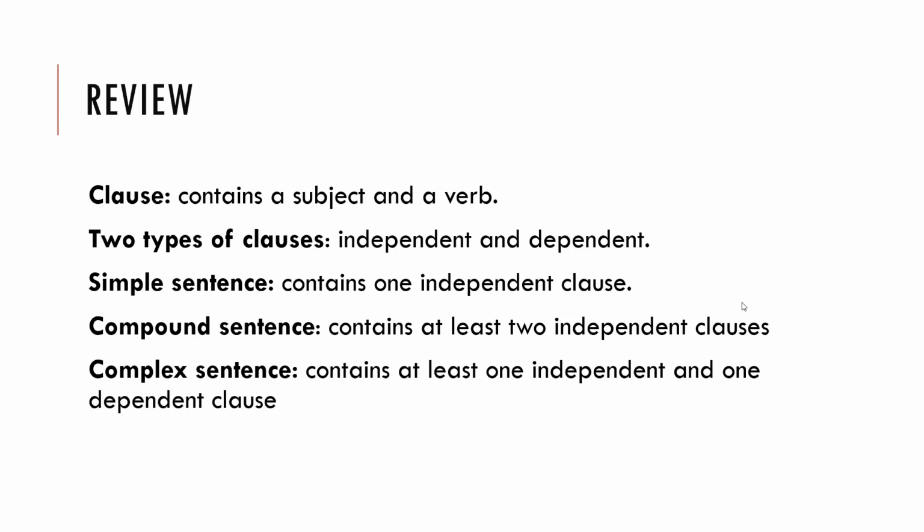And a complex sentence contains at least one independent and one dependent clause. In this presentation, we looked at complex sentences and how they are made up of these two types of clauses, independent and dependent.